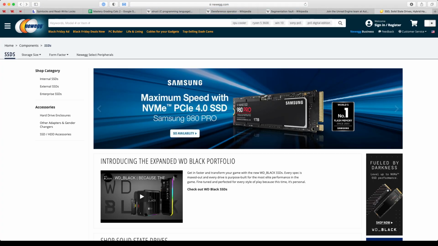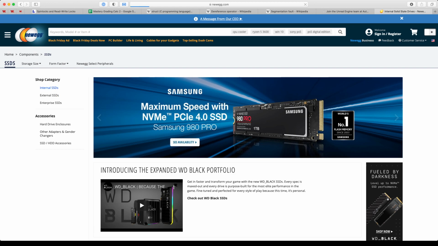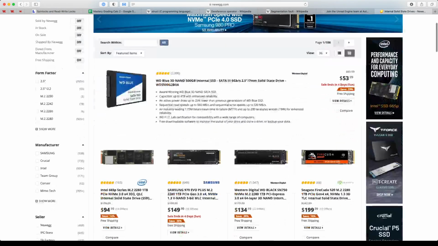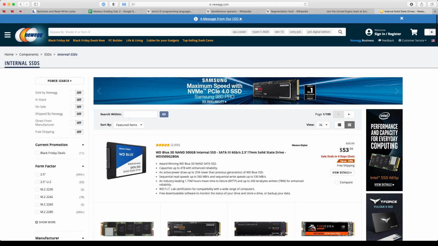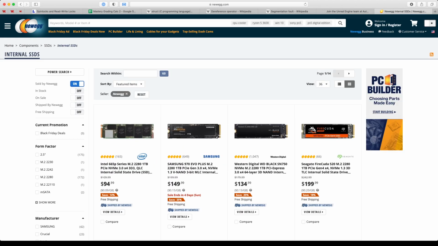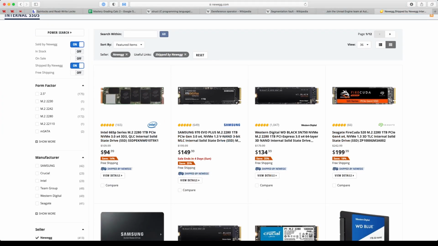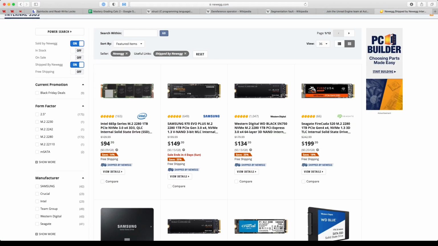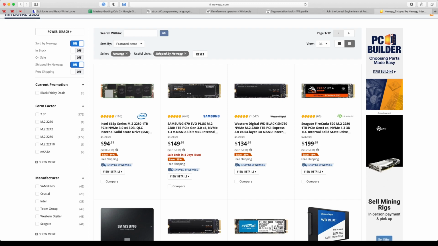Let's say internal SSDs, sold and shipped by Newegg, so we don't get stuff from some scrubs. If we look at, for example, this Intel one right there, you see it says QLC.